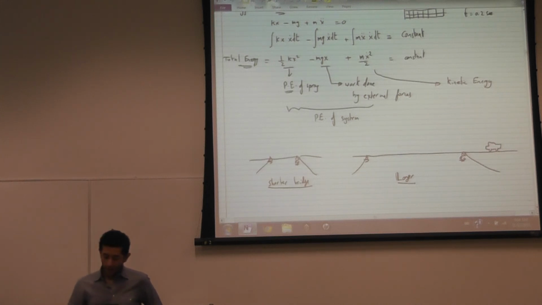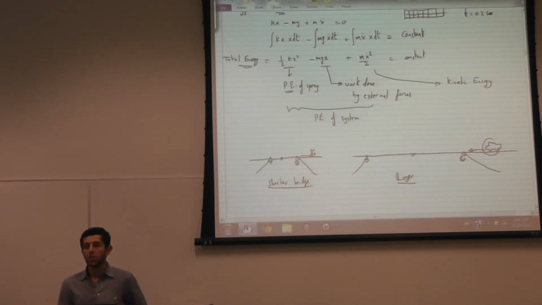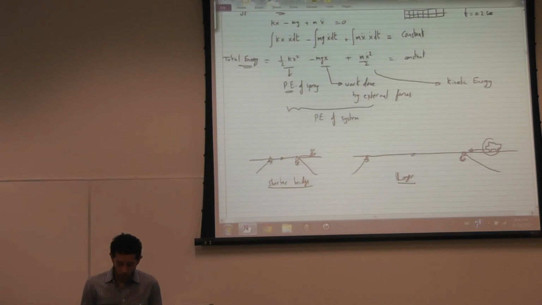And the reason is because as the car goes, assuming the car has the same speed, the car reaches the middle faster than in the larger one. So this shorter bridge would actually feel the dynamic effect more, because the maximum is when the load is applied here, and the maximum is when the load is applied here.